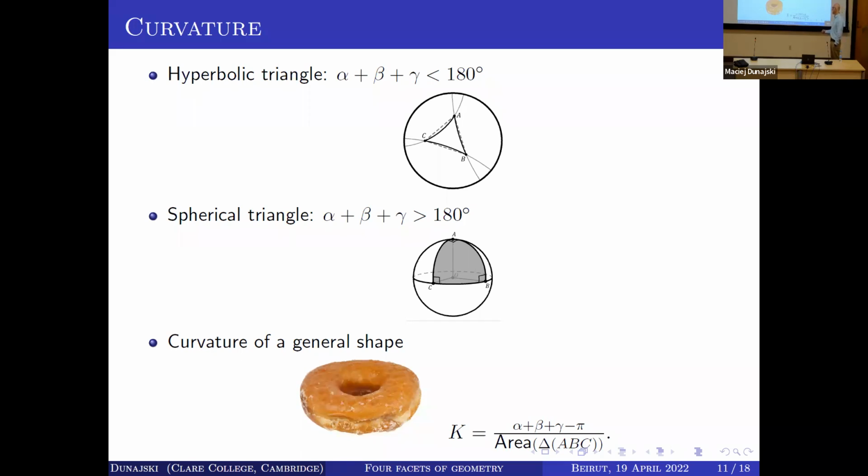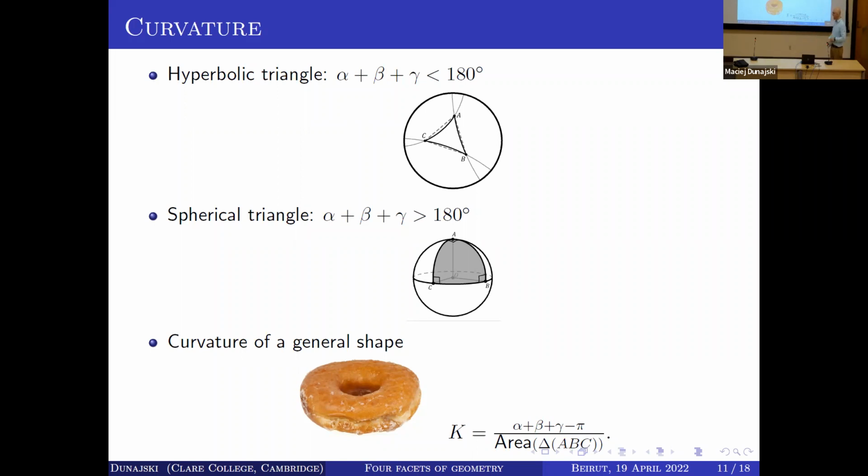This is a very much 19th century invention of Gauss and his followers, Riemann. Once you make sense of this, you can say that both spherical and hyperbolic geometry differ from Euclidean geometry not only by the type of axioms they satisfy, but also by the presence of curvature.